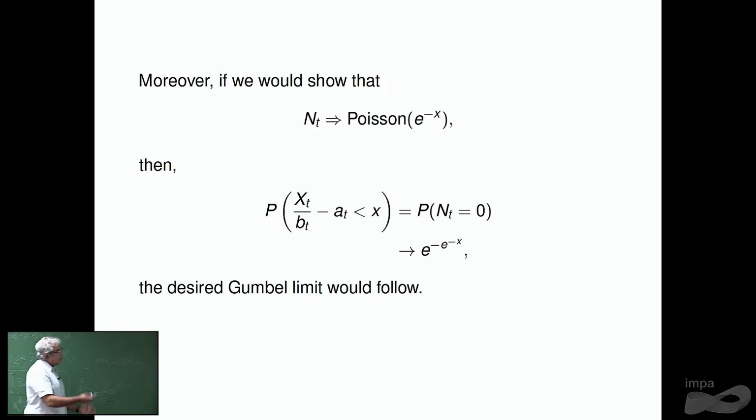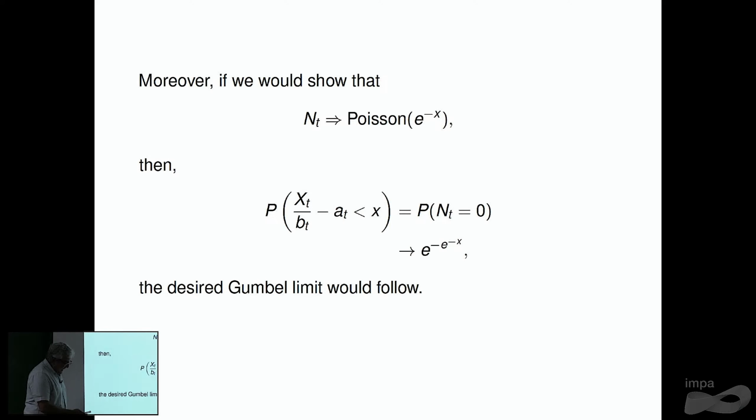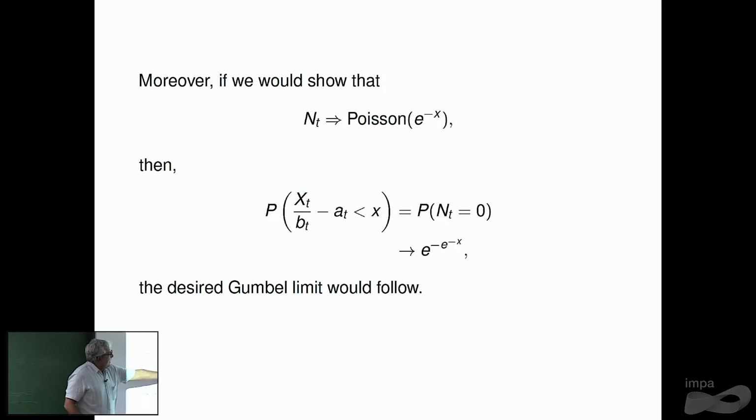We show that it actually goes to an order 1 random variable, a random variable supported on the integers. So it actually converges to this Poisson distribution, and remember Z_t is this combination here. If you unpack that, it corresponds to this, and the probability of the Poisson being 0 is just e to the minus whatever the parameter is. And so we get the Gumbel from that.